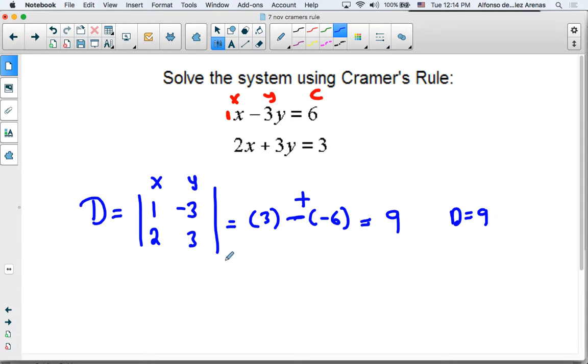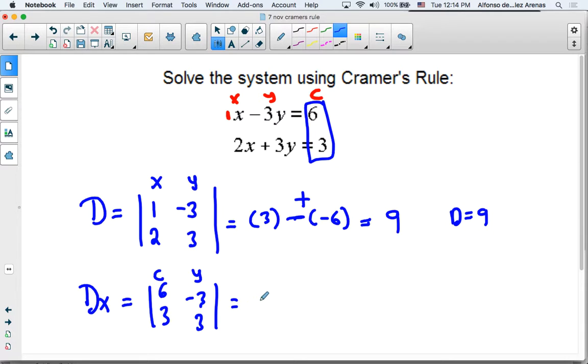Now, dx. For dx, the rule says don't use x. And this is the constant column. So instead of the x's, you have to write 6 and 3. So the constants and the y's. The y's are -3 and 3. And now the same work. 6 times 3, 18. Minus 3 times -3, -9.